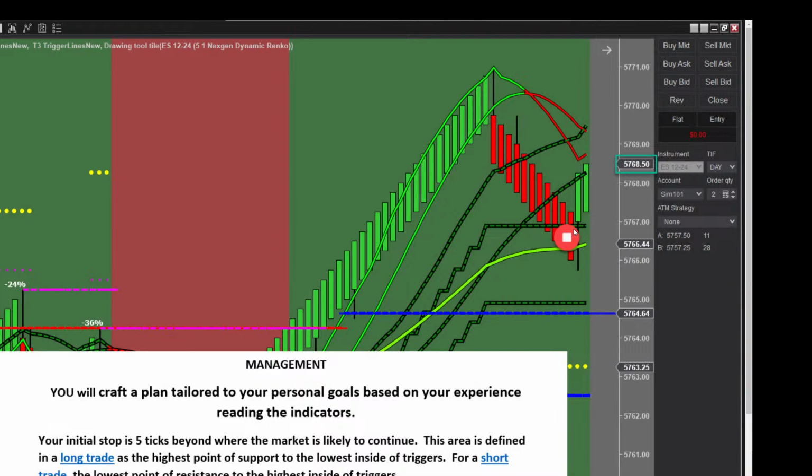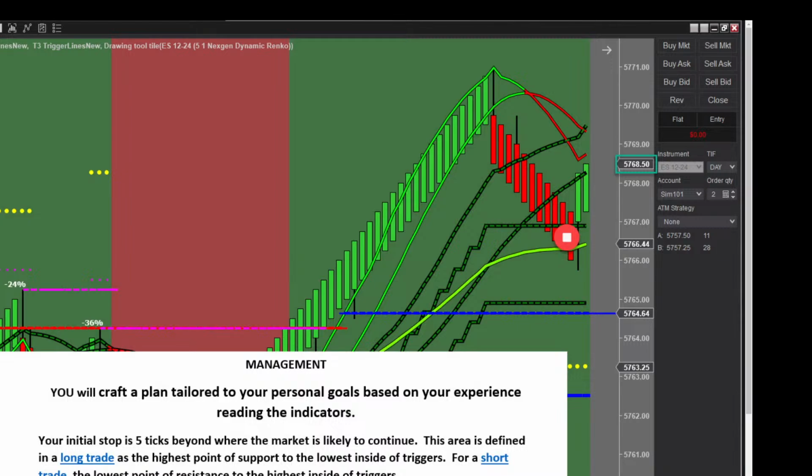Not only are you getting paid, which relaxes the heart a lot, but now you have absolutely no risk on this trade. And you're doing this not because it's the best stop. You'll create a plan tailored to your personal goals based on your ability reading the indicators, because this no threat of a loss stop gives you the courage to hold for your second target.